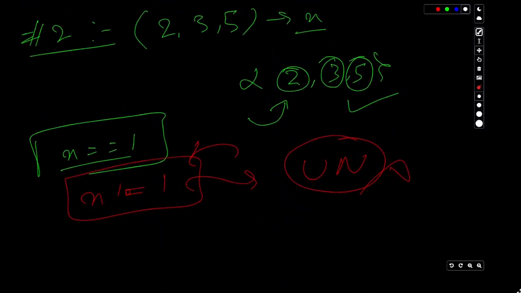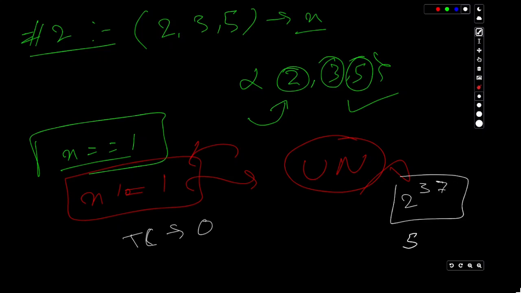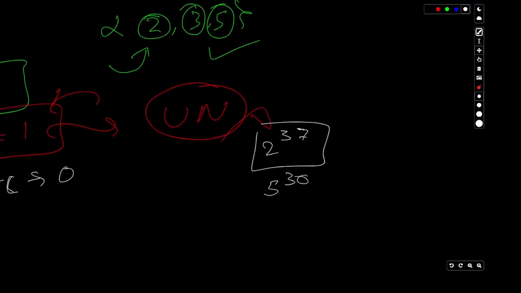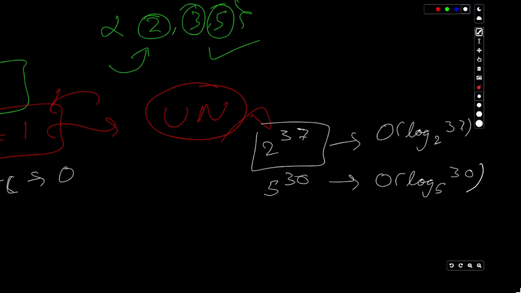And secondly, for this last approach, we can have our time complexity as follows. For a particular number which is 2 raised to power 30, or for a particular number which is 5 raised to power 30, we can have our loop running for log 2 base 37 iterations in one case, and log 5 base 30 in the other case.